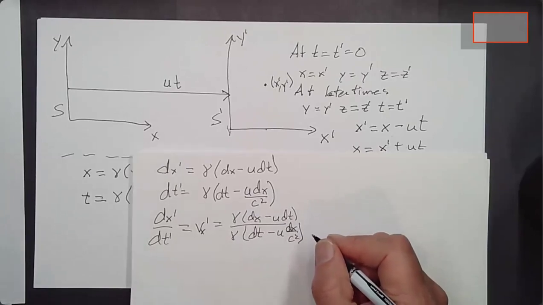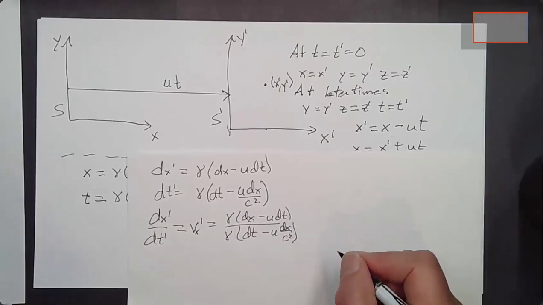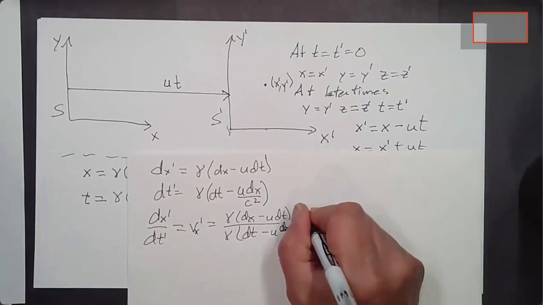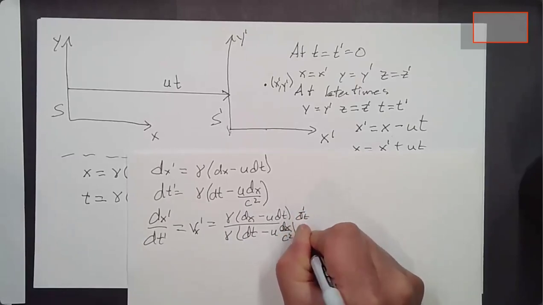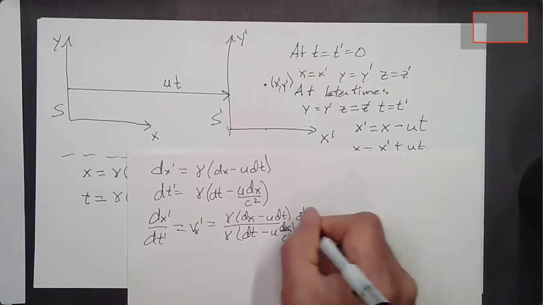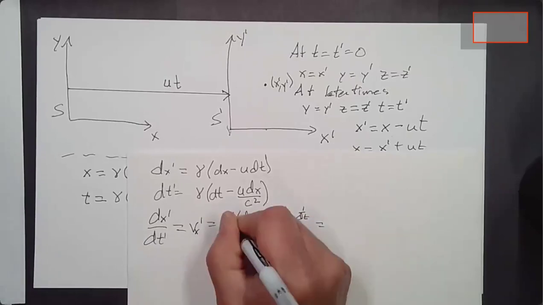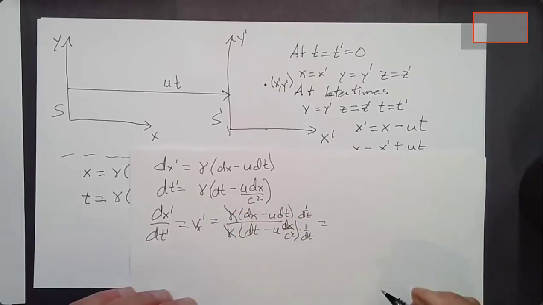If I multiply top and bottom by 1 over dt and distribute it through those parentheses, the gammas will divide out, so those are gone.